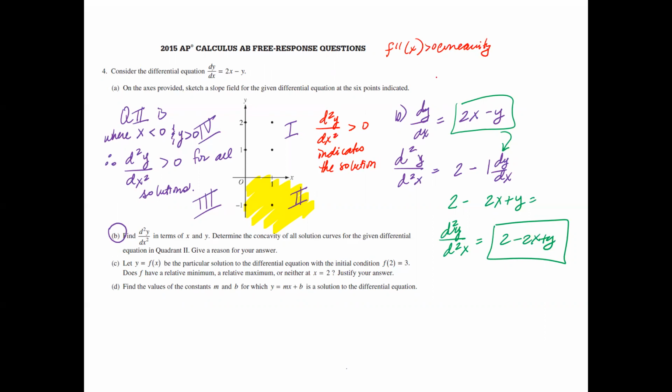If it's greater than 0, then they are concave up. So the solutions are concave up, since d squared y over dx squared is greater in quadrant 2. And that's something that you can just go ahead and indicate that way.